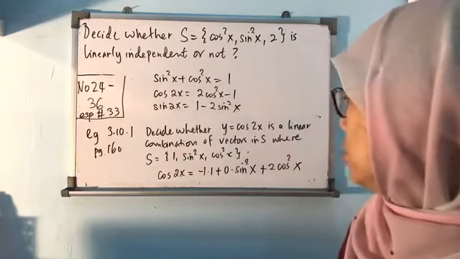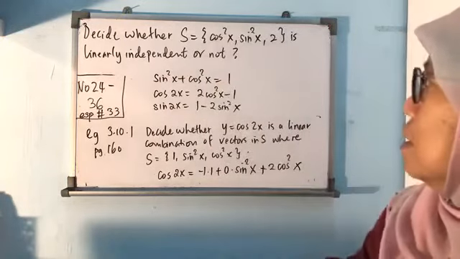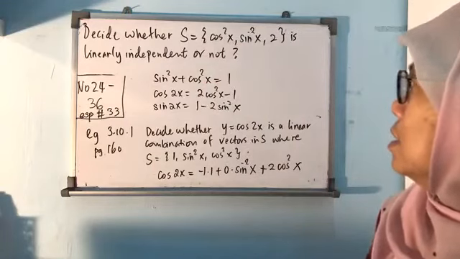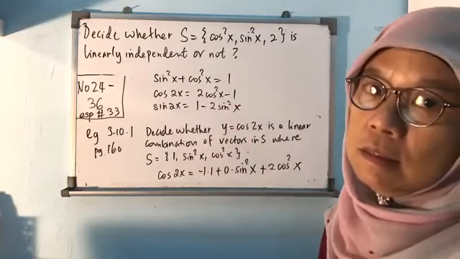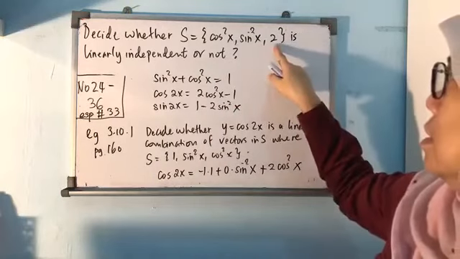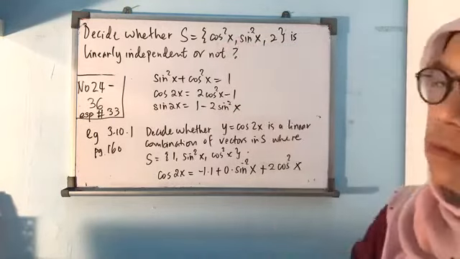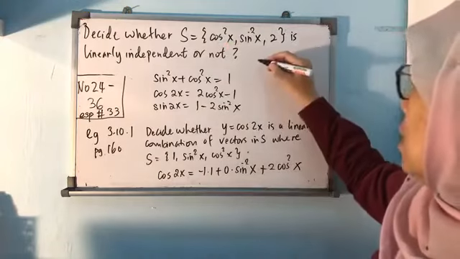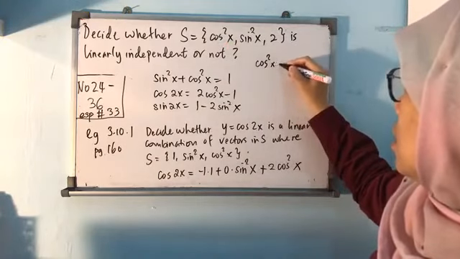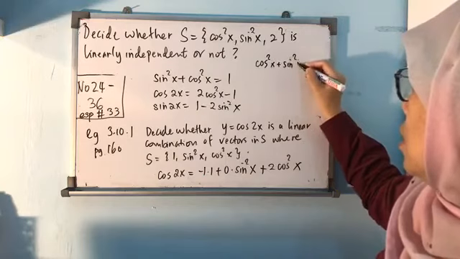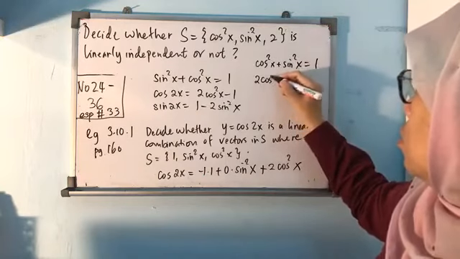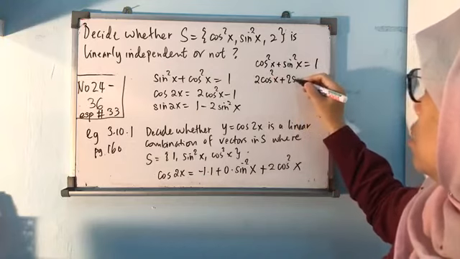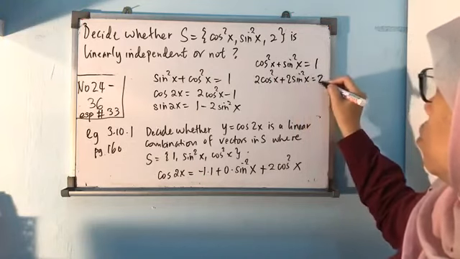So for this question, to decide whether it's linearly independent or not, the answer is no, because this is a linear combination of these, since I know cosine squared x plus sine squared x is 1. Multiply all by 2: 2 cosine squared x plus 2 sine squared x is 2.